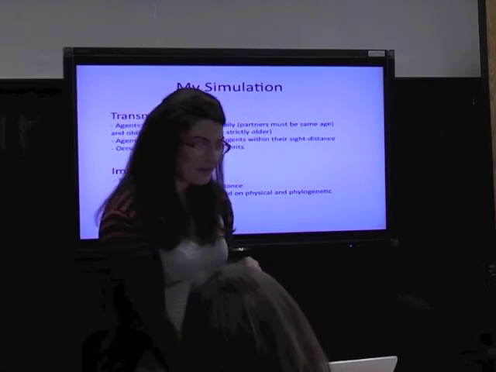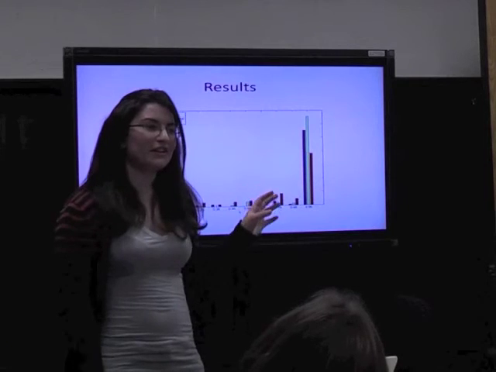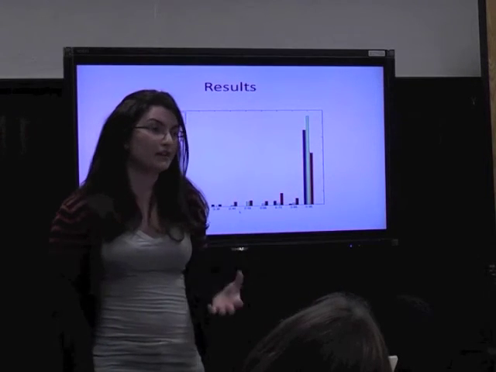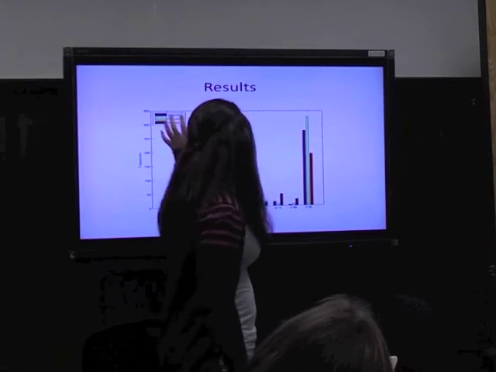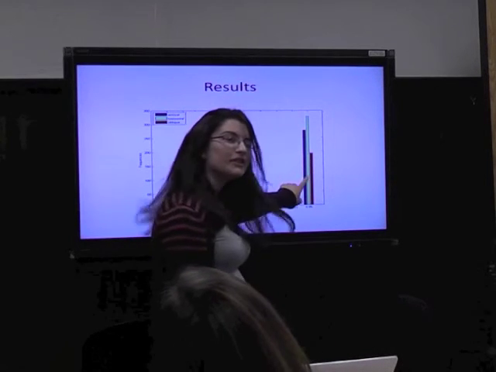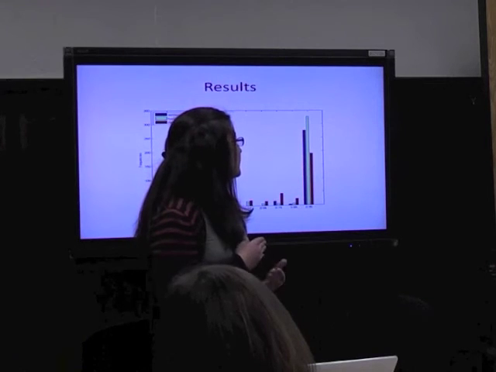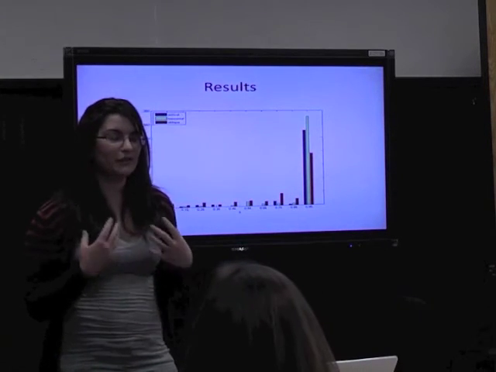Okay, cool. So this is a histogram of Pagel's lambda for a simulation run with very, very low transmission rates. I don't know if you can see the legend from that far back, but the blue traits are purely vertically transmitted, the green traits are purely horizontally transmitted, and the red traits are purely obliquely transmitted.